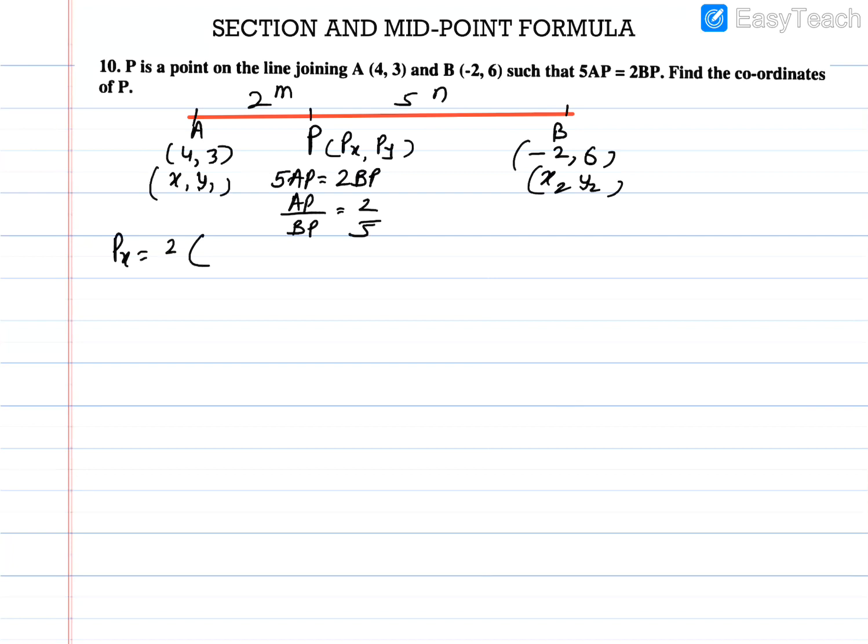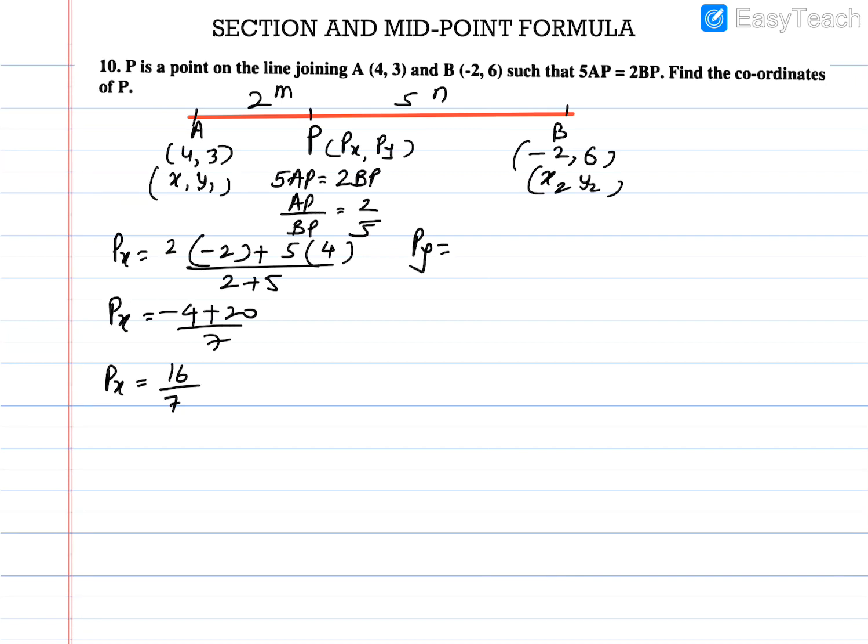I am writing the sum directly without formula. You have to write the formula also. That is m into x2 plus n into x1 upon m plus n. So Px will be equals to minus 4 plus 20 upon 7. Px will be equals to 16 upon 7.